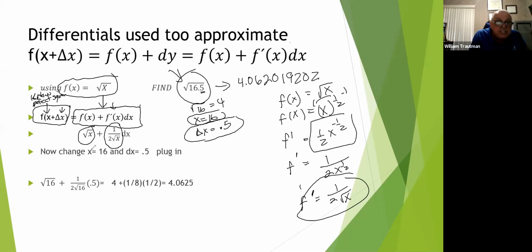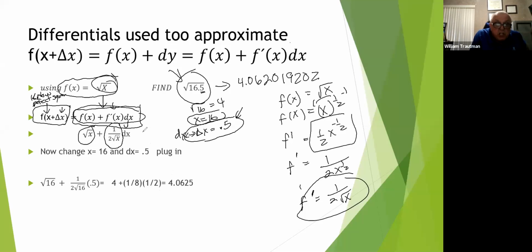And there's a dx. And the dx is 0.5. We already wrote that up here. The dx and the change of x are the same thing. dx is 0.5. So we just plug them into the formula. Here's the formula. Once again, this is the formula.